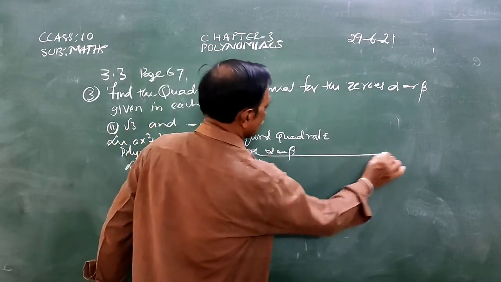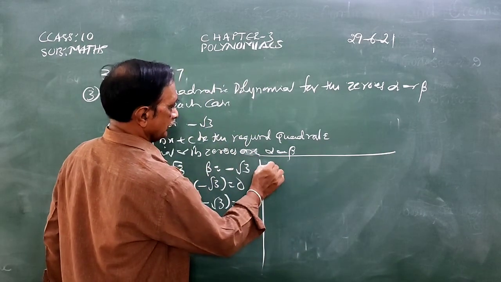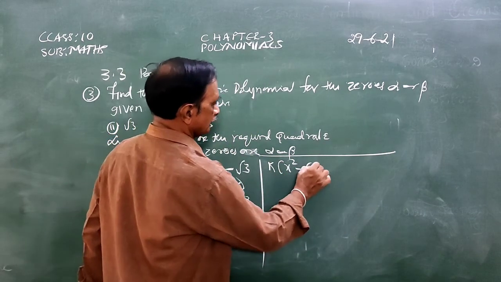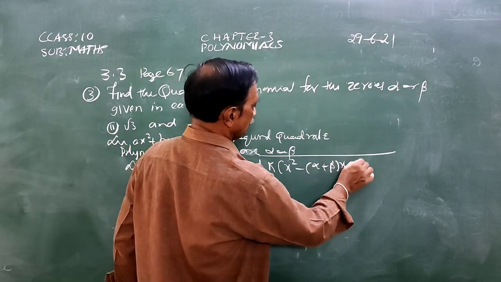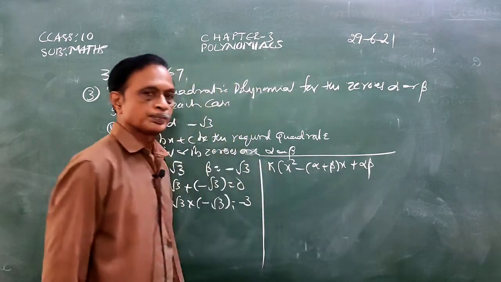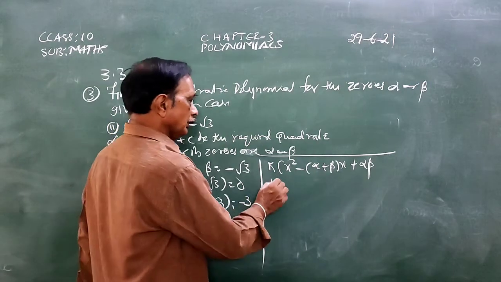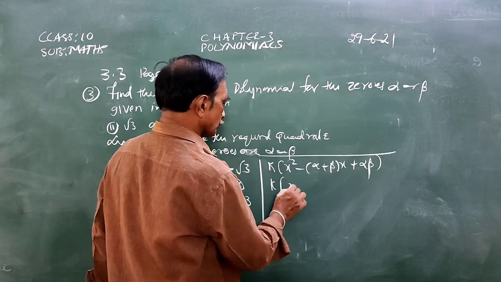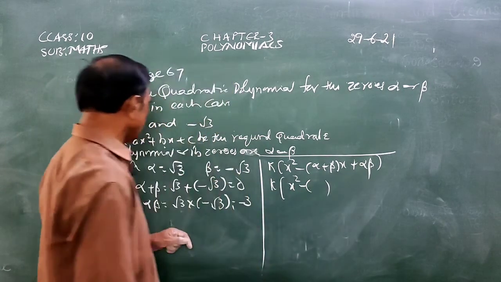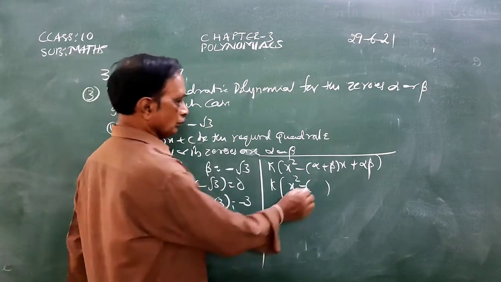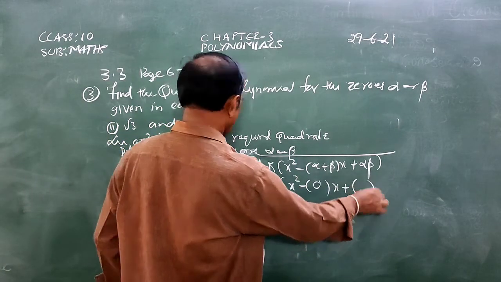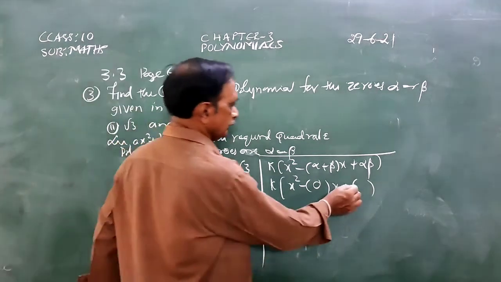Now, what is the required quadratic polynomial? k into x square minus half alpha plus beta into x plus alpha beta. k into x square minus half. What is alpha plus beta? 0. What is alpha beta? Minus 3.